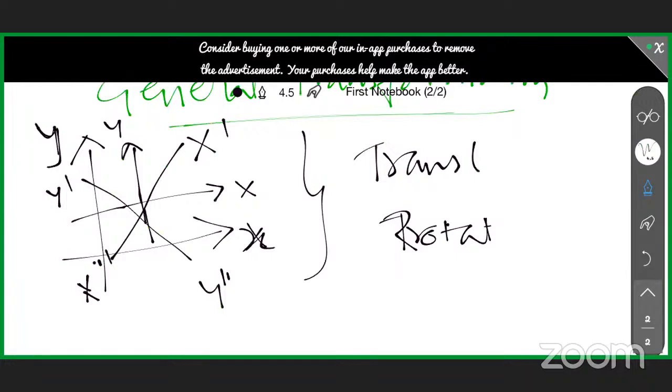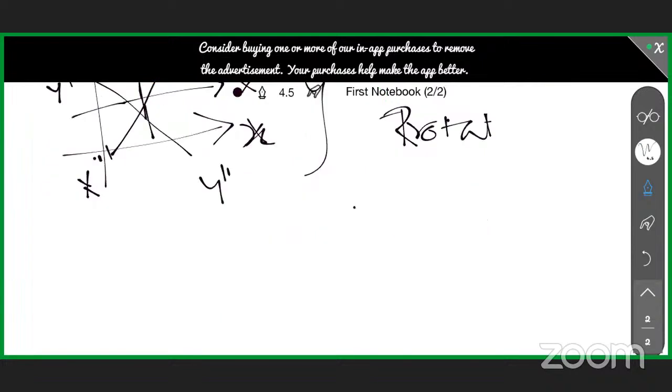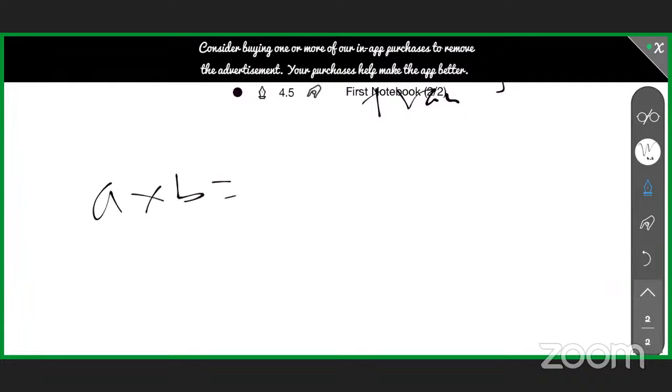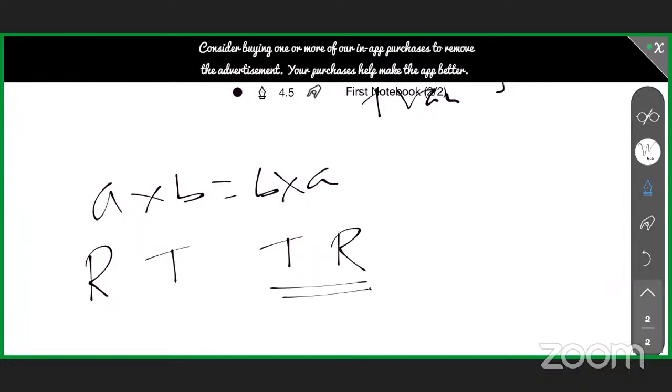Sometimes we can do it the other way also. First we can do rotation of axis, then go for translation of axis. Since we are doing both things, it is like a commutative property. It's like A into B is equal to B into A. Either you can do rotation, then translation, or translation, then rotation. Both results are the same. So this type of doing two transformations together, one after the other, is called a general transformation.